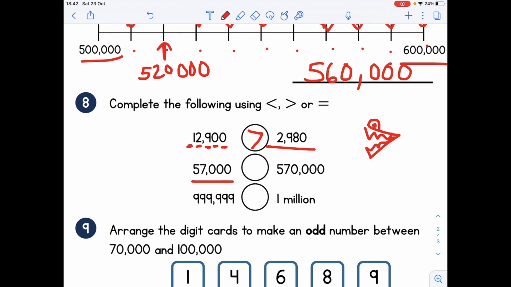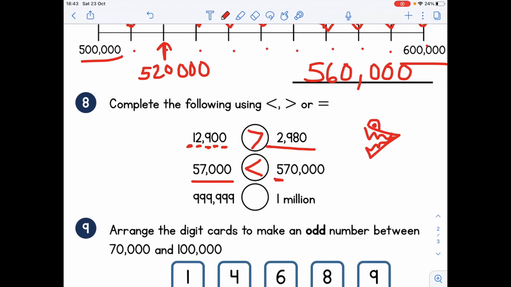Here, looking at the place value, we can see that it's got 5 10,000s and 7 1,000s. But here, we can already see that it's got 5 100,000s. So that number is bigger.